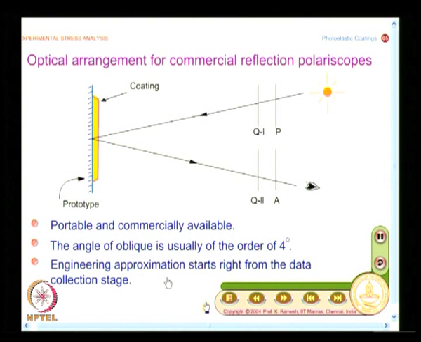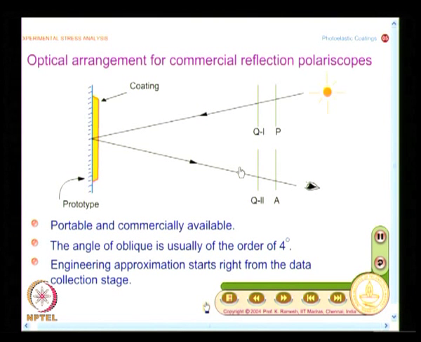And what you find here, engineering approximations start right from the data collection stage. And this set of optical elements can be put in a very convenient form, and you can even hold it in the hand, and you just need the light source and view the model.